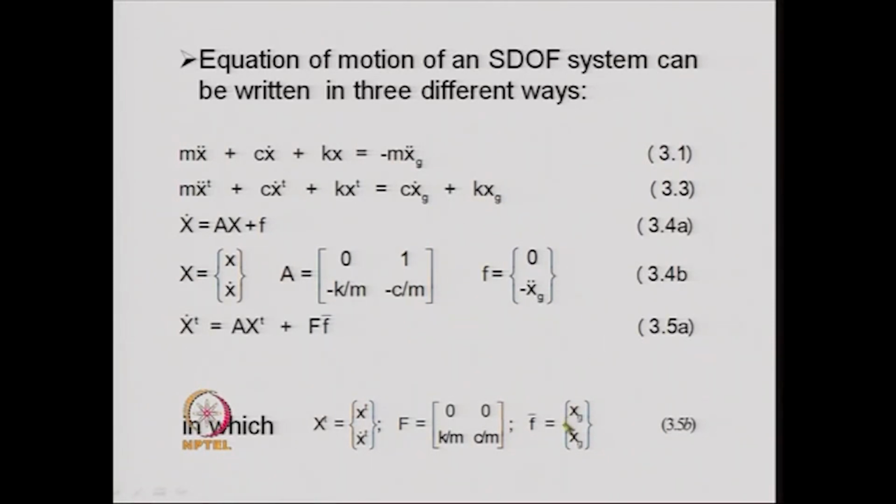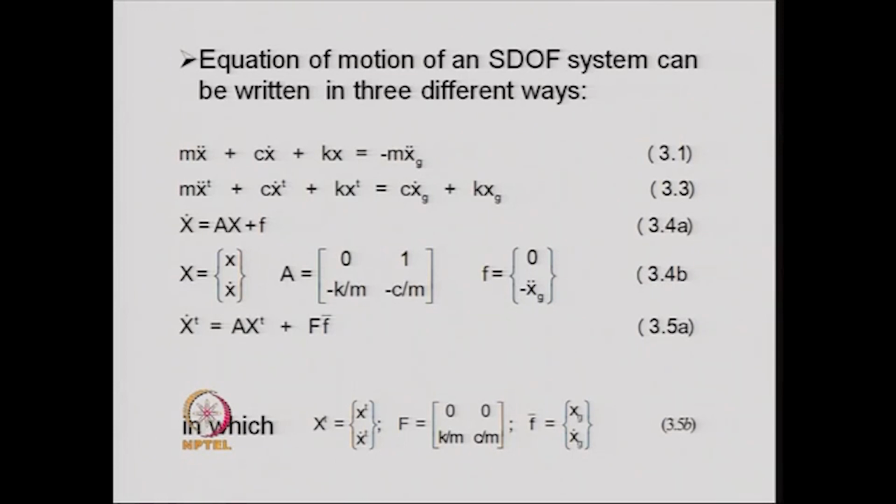So, this F bar becomes this, and this is multiplied by this matrix in order to get this total force quantity.